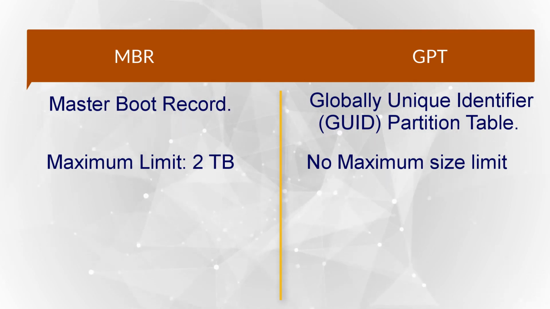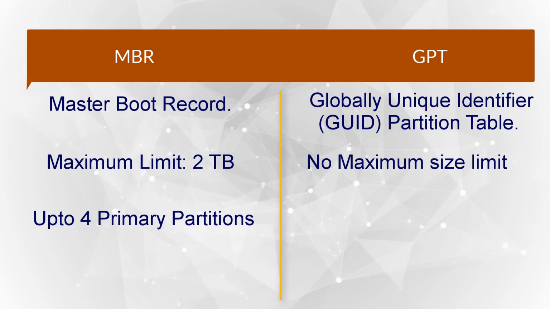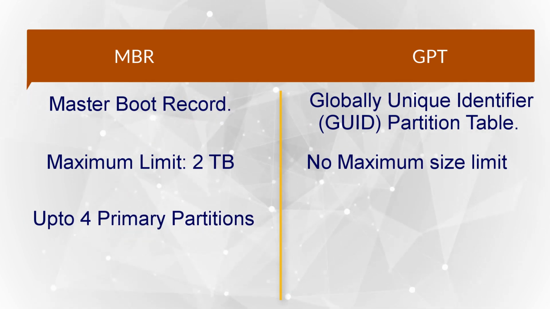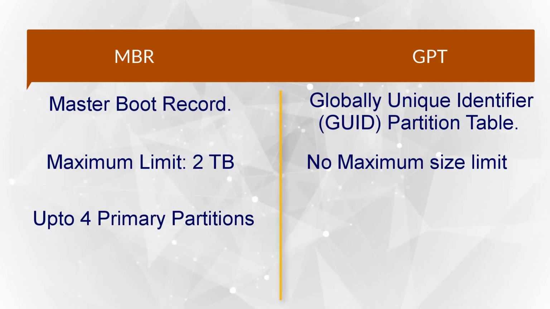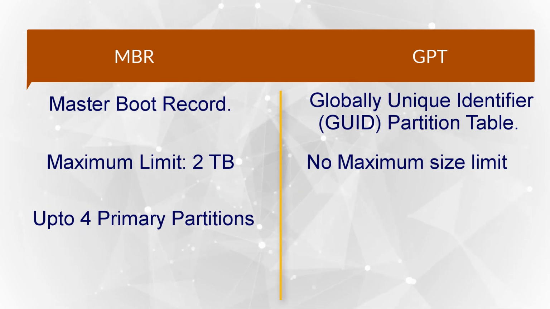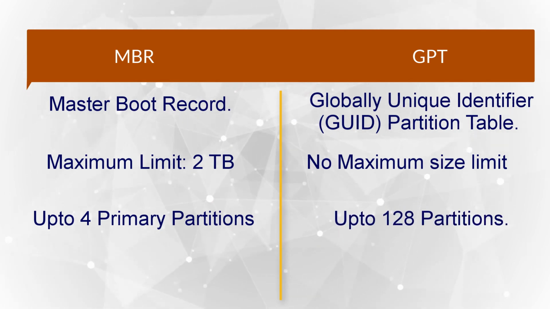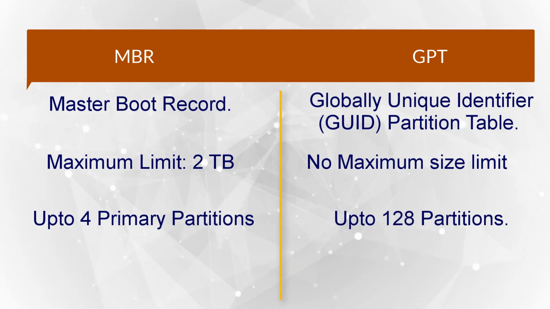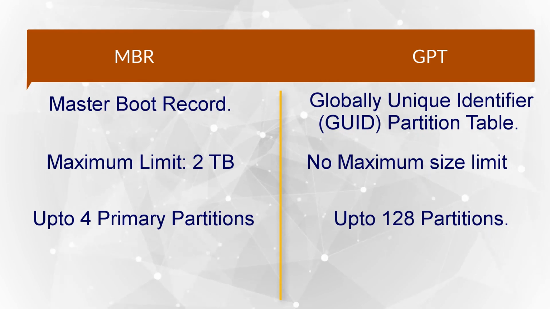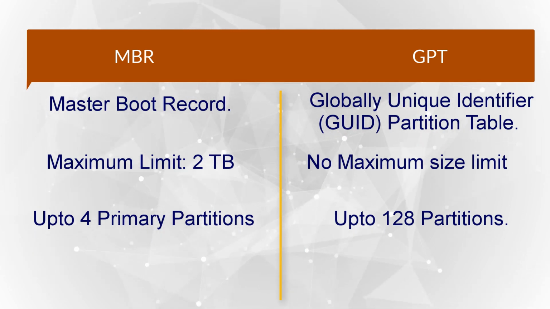Its capacity is around 1 billion TB. Up to 4 primary partitions: MBR only supports up to 4 primary partitions, or a combination of 3 primary partitions and 1 extended partition. Up to 128 partitions: Windows allows up to 128 partitions on a GPT drive, and you don't have to create an extended partition to make them work.